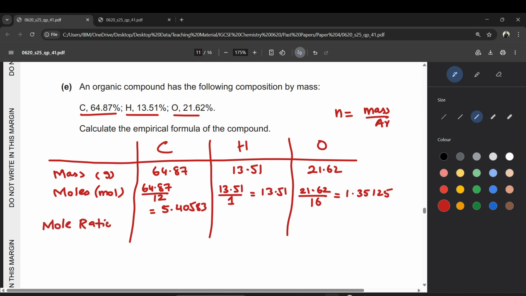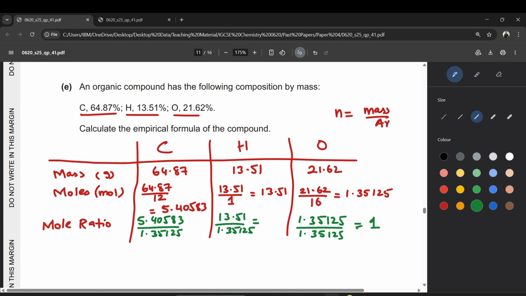Now the next step is the mole ratio. In the mole ratio, we divide all three of these by the lowest number of moles, which is 1.35125. So you divide all the moles by the lowest number of moles.